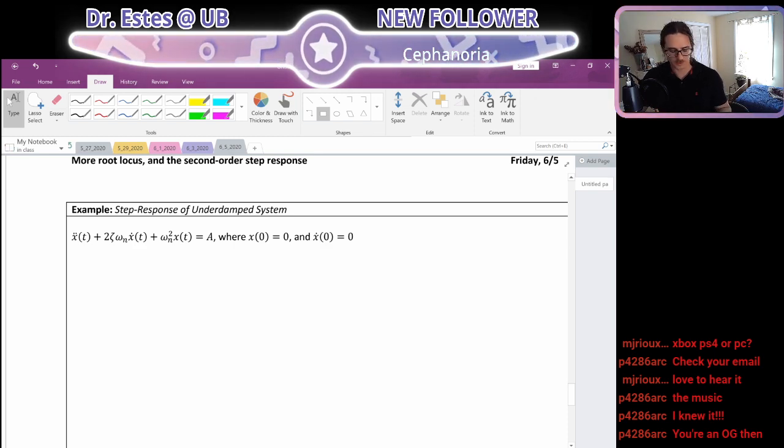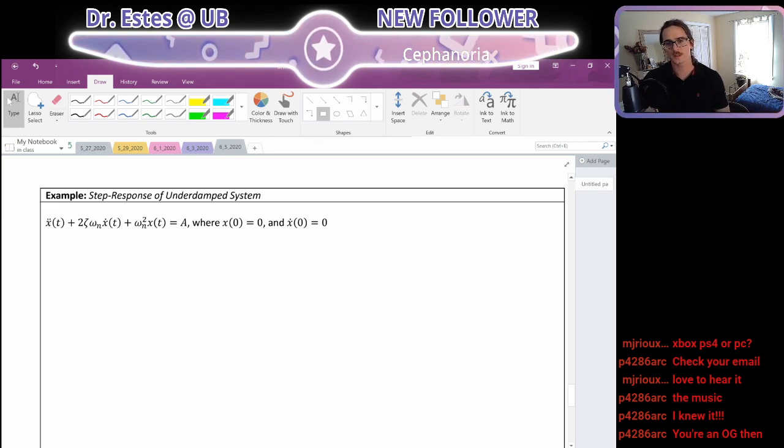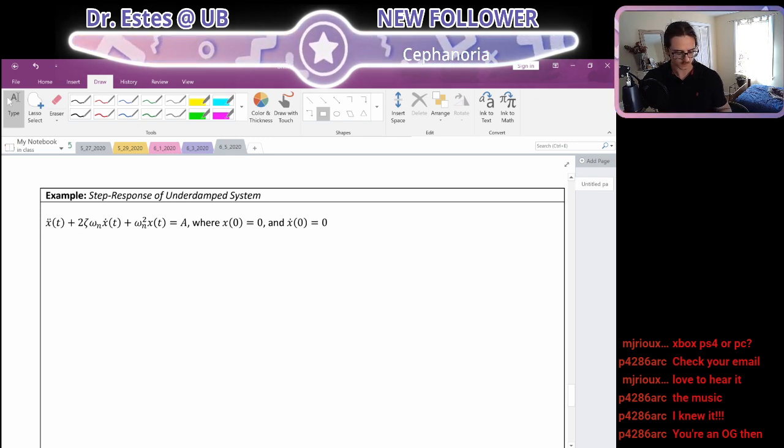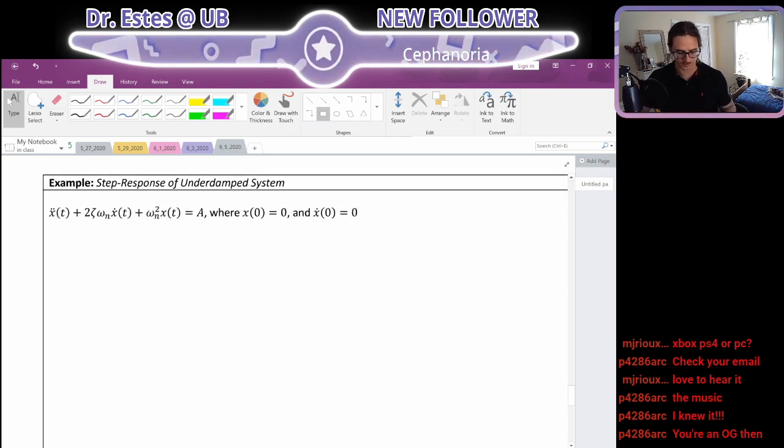So we're going to go to the last page. We're going to go through the steps of solving this differential equation. And then we're going to go back to the previous page and unpack how this works, or what it looks like when you graph it.